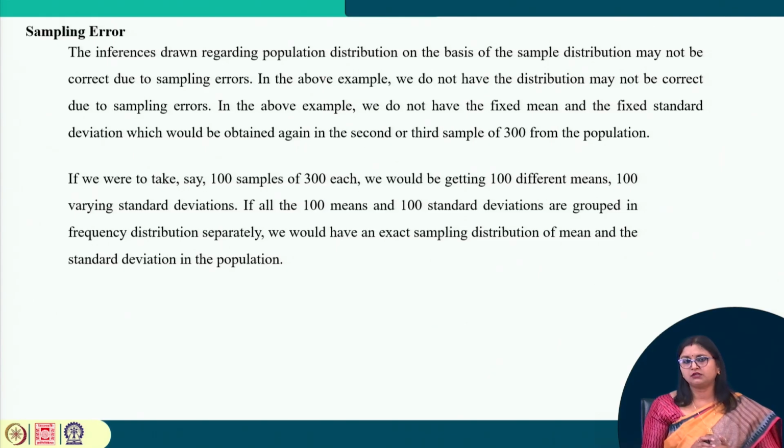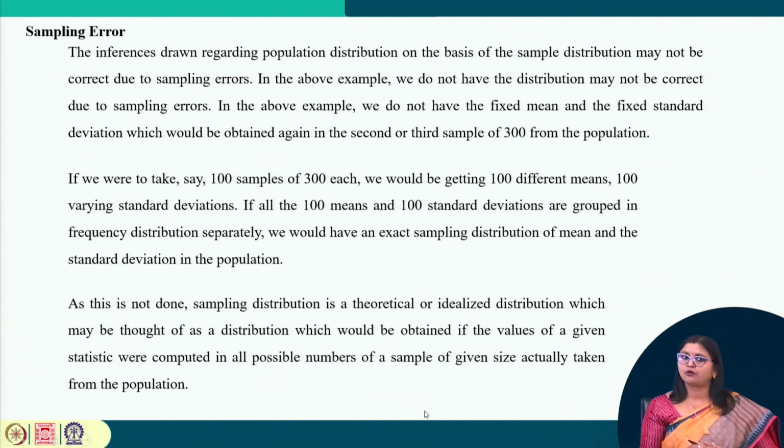If all the 100 means and 100 SDs are grouped in frequency distributions separately, we would have a sampling distribution of the mean and the standard deviation. By listening it will be a little tough, as this is not done here.